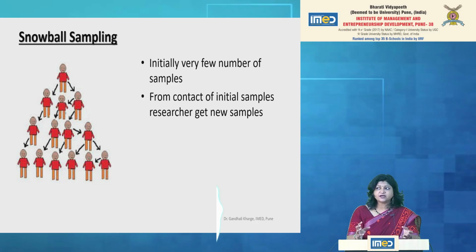Suppose I am seeking a survey of sports persons from all of Maharashtra or all of India. Then what I will do is collect data from 2-3 people from my contacts.